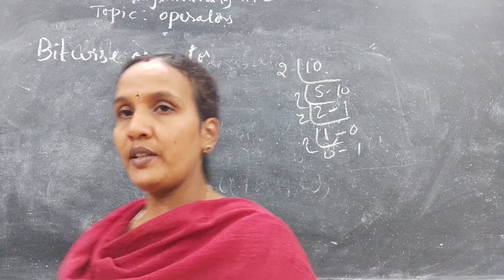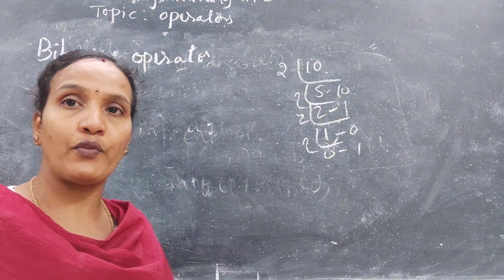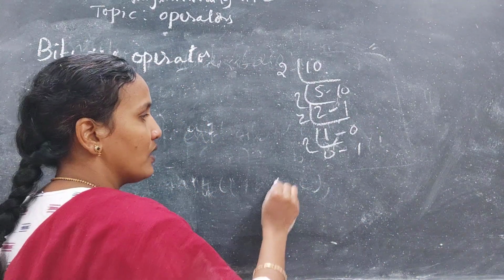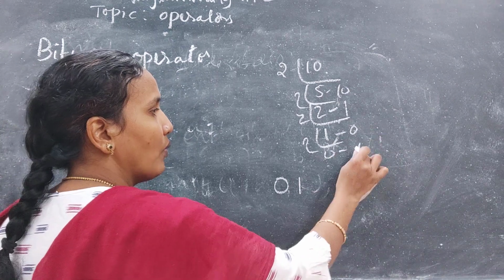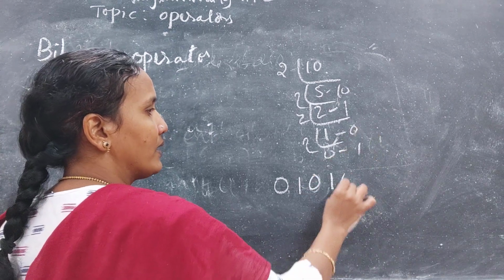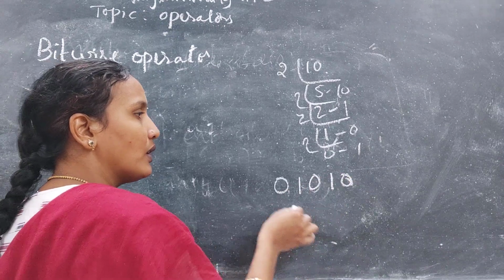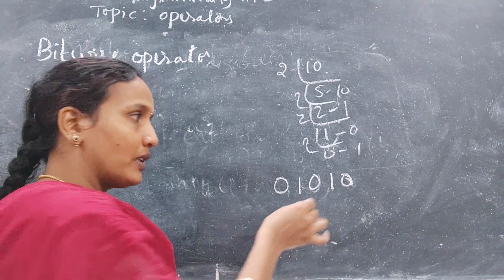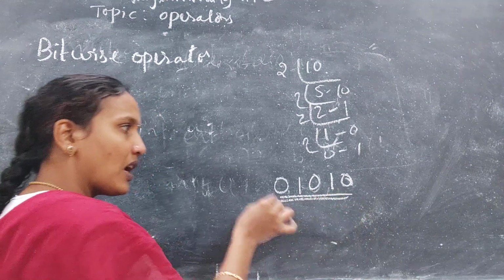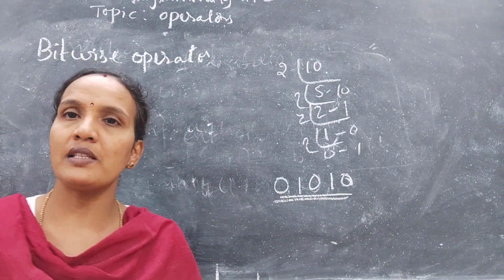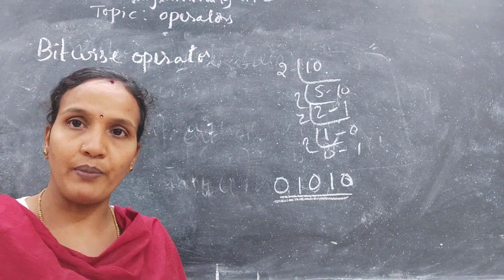So when you are storing 10 inside the system, in binary format it is stored in reverse order: 0 0 1 0 1 0. In place of 10, these bits are stored in the system, because the system will understand only the binary format.